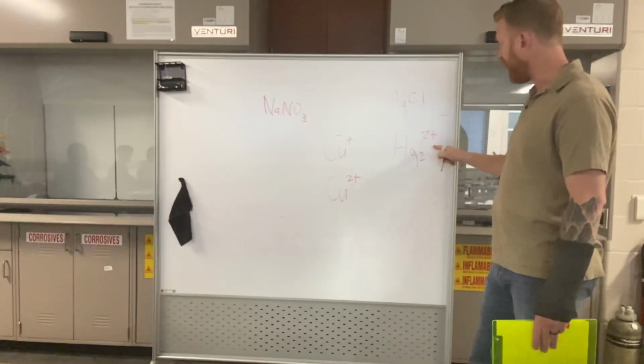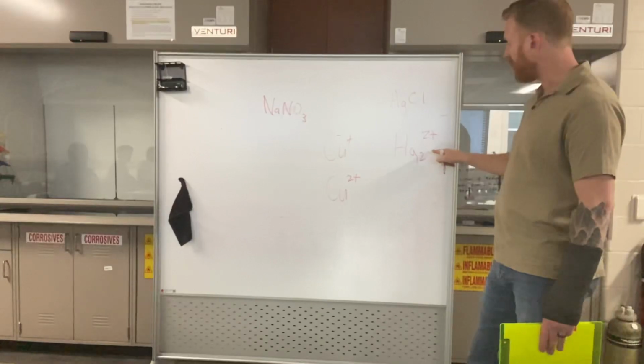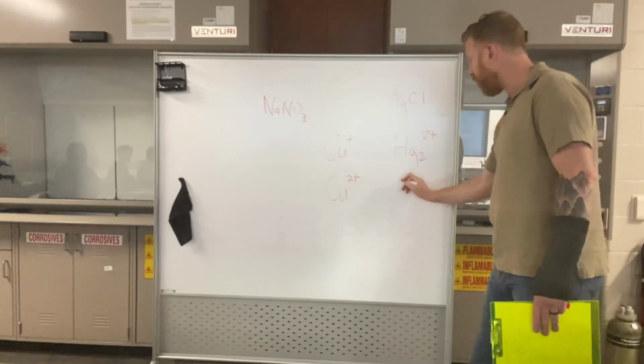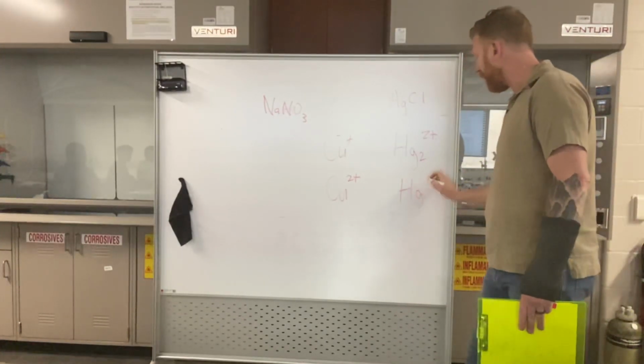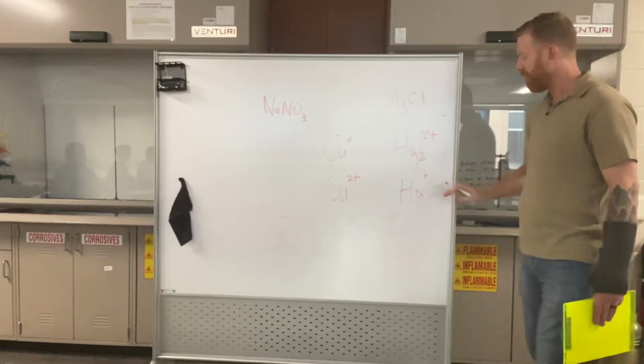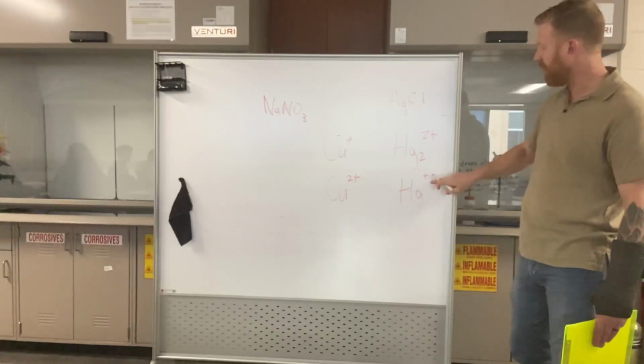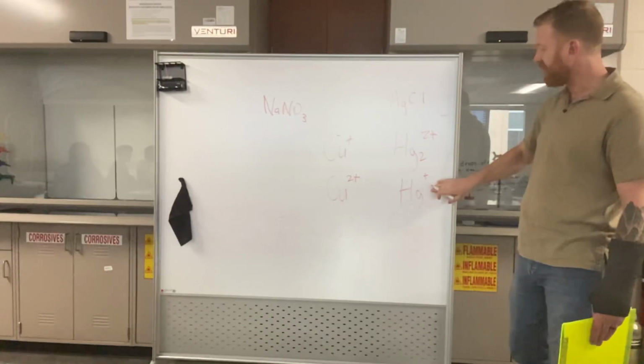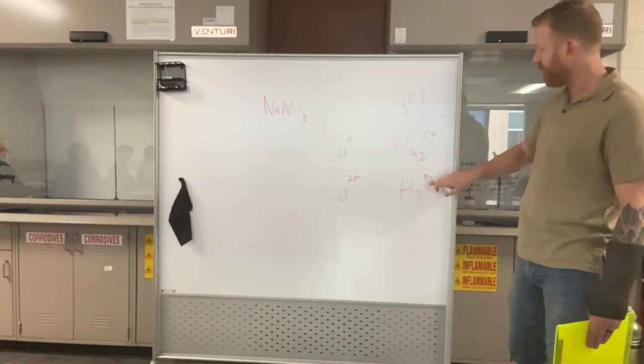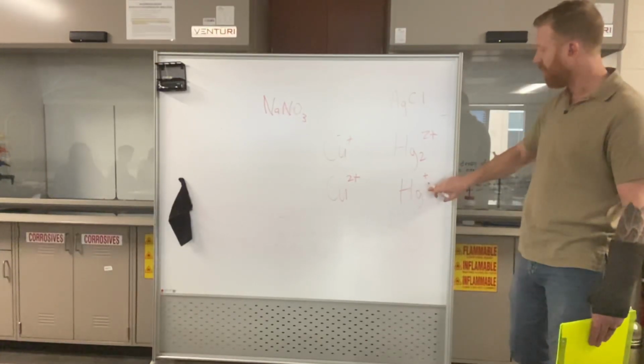Also, while I'm thinking about it, this mercury 2+ is formally mercury 1+. There are 2 of them, and each one is +1, so it's 2+. As far as oxidation state, this mercury is actually mercury 1.